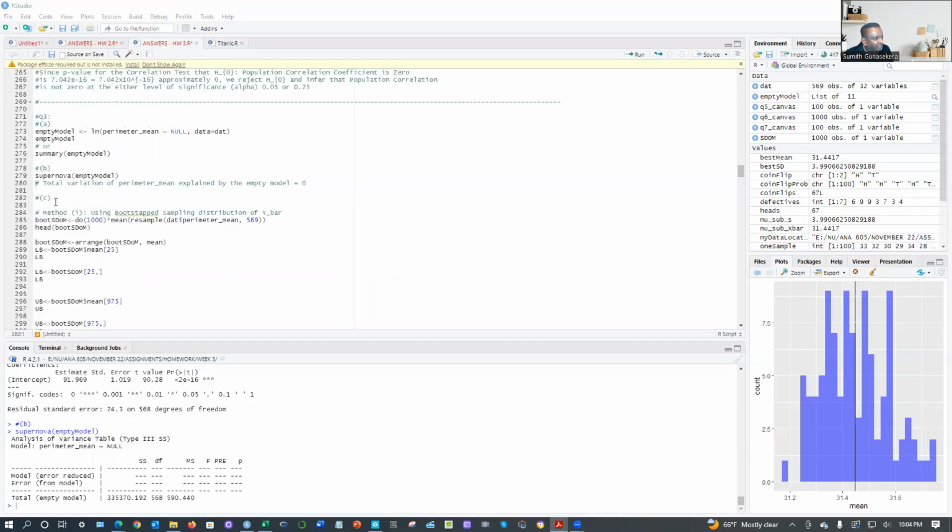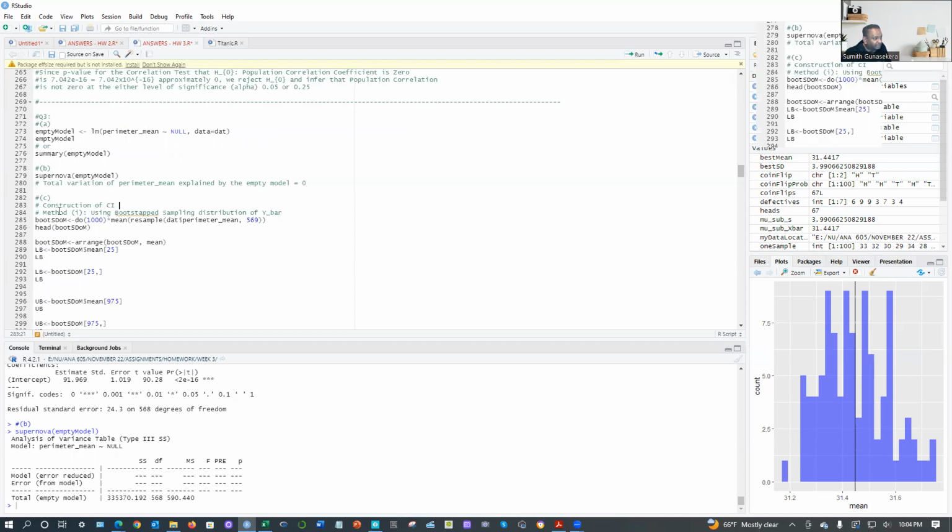So I'm trying to write the construction of the confidence interval for the perimeter mean, the population, everybody. Method 1: construction of the confidence interval for the population perimeter mean.